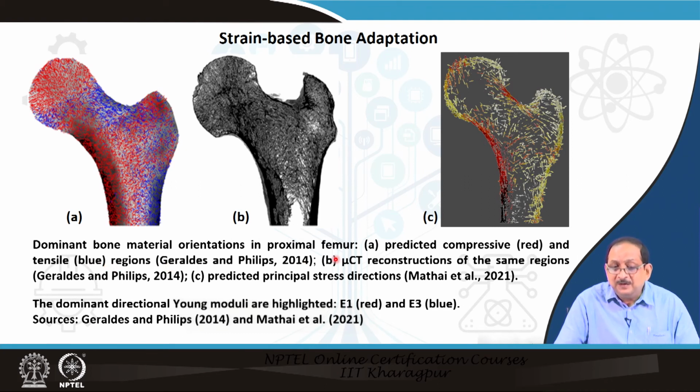The second figure is the micro CT reconstruction of the same regions of the same model. And the third one is the predicted principal stress direction that has been carried out in our laboratory. So, the dominant directional Young's moduli are highlighted in red and blue.